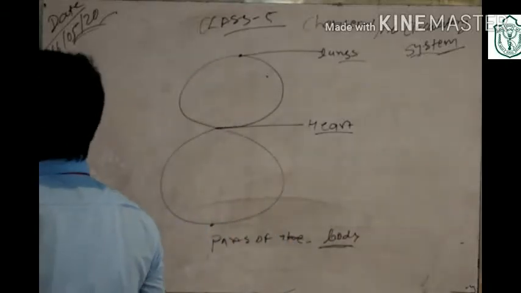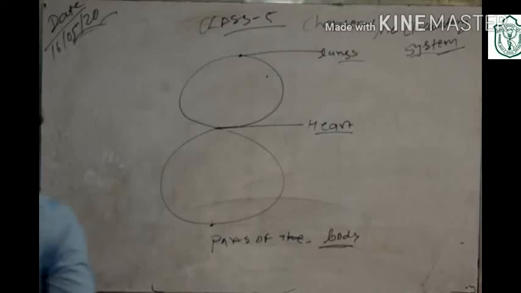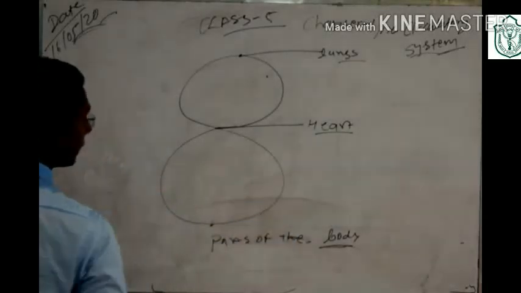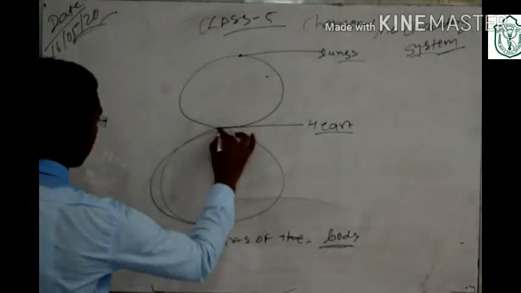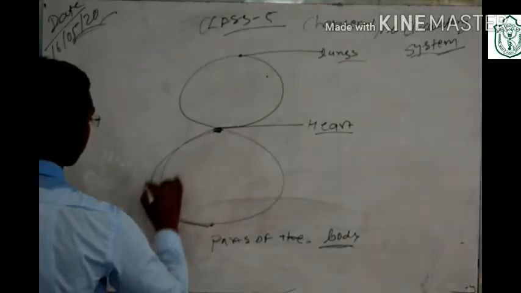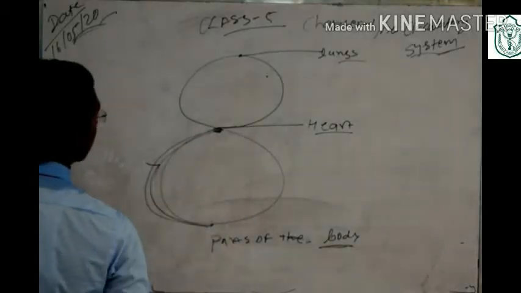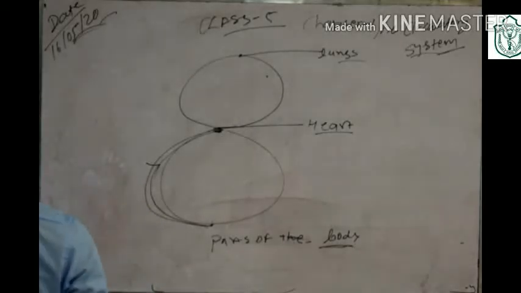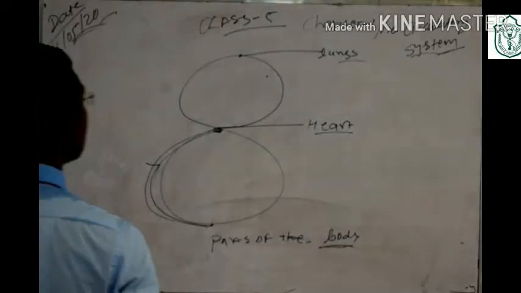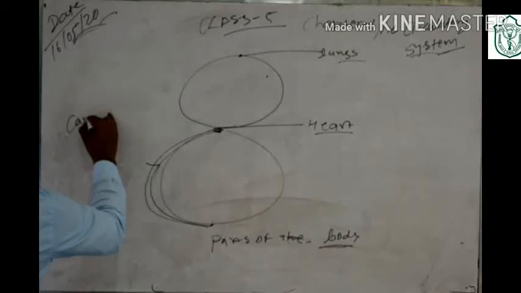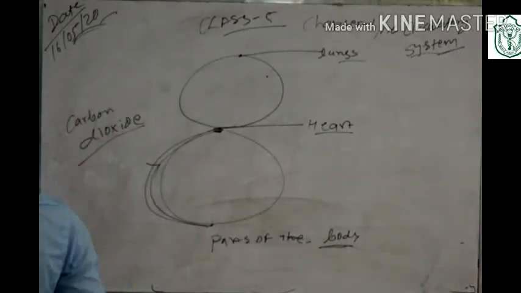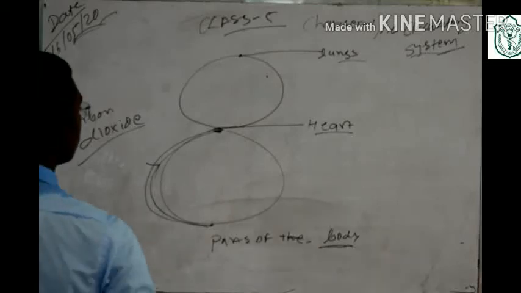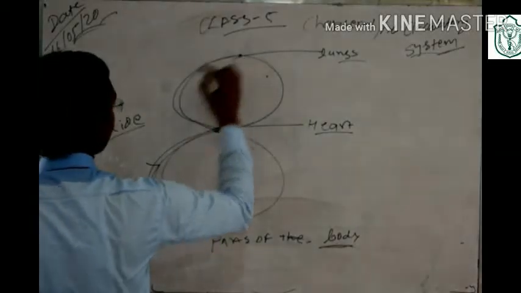The first point was the heart receives impure blood from different parts of the body. And after receiving the impure blood, which is rich in carbon dioxide, it pumps it to the lung.